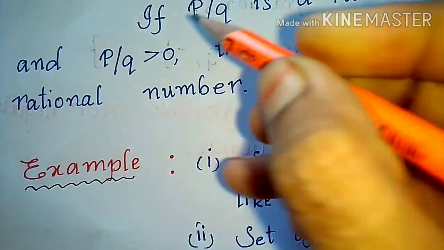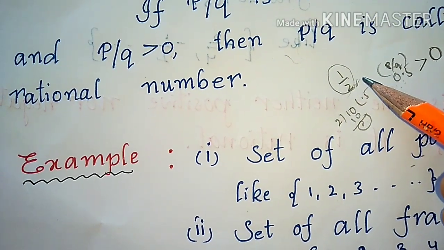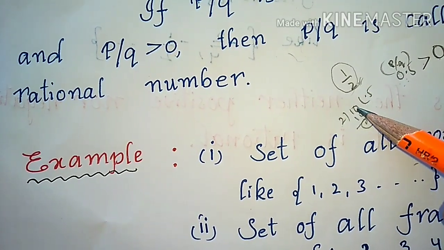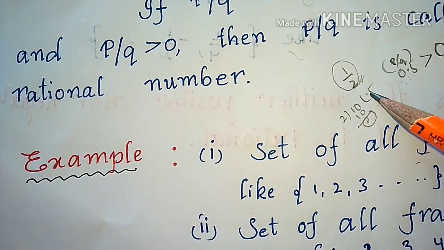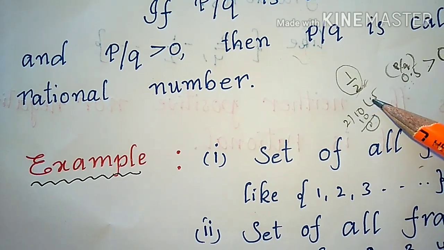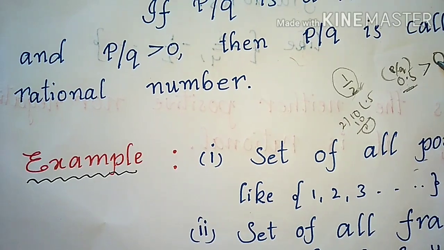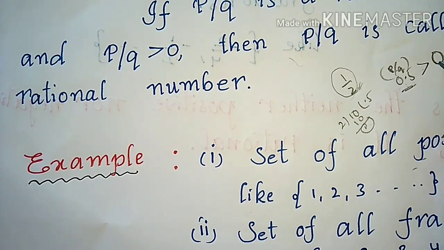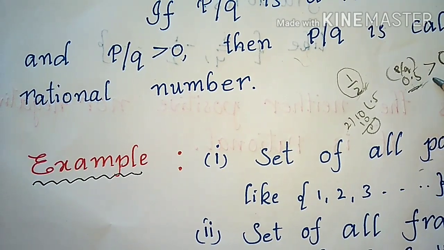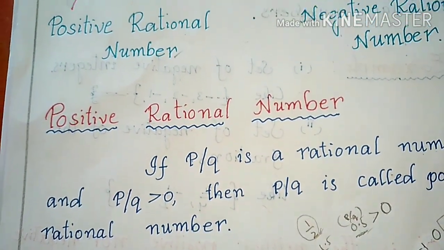Do the division: 2 into 5 is 10, so the value is 0.5. Then 0.5 is greater than 0, meaning above 0. Okay children, it is a positive rational number.